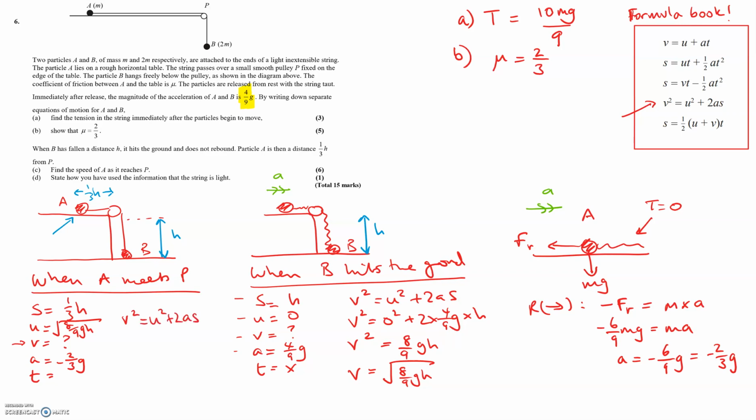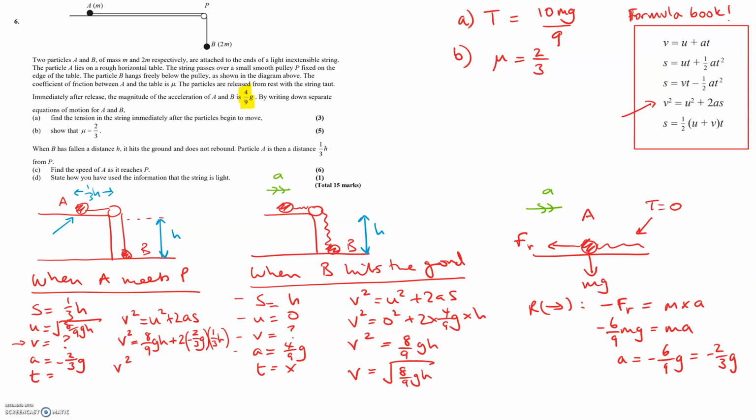So v squared equals u squared, and if I square this, I'm just going to get 8/9 gh, plus 2 times the acceleration, which is this, times the displacement, which is this.